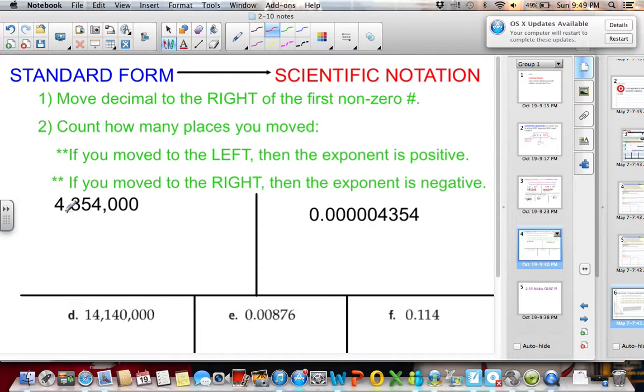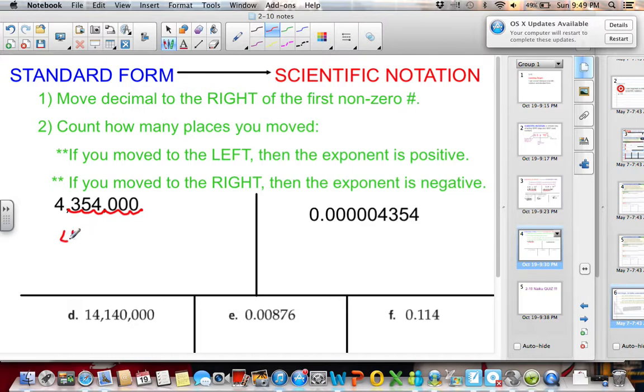4 point something is going to be in between 1 and 10, so that's why we're going to that number. So our decimal right now is right here. We just don't have it on there because we don't need it. So I'm going to count 1, 2, 3, 4, 5, 6. It takes me 6 moves to get the decimal right to after the 4.